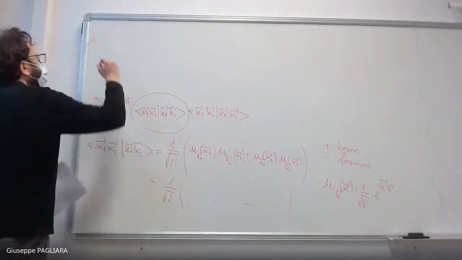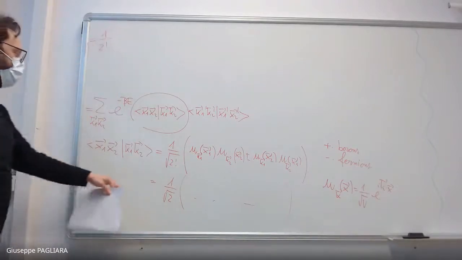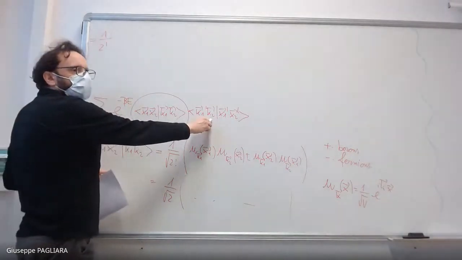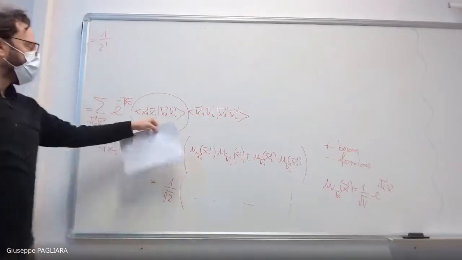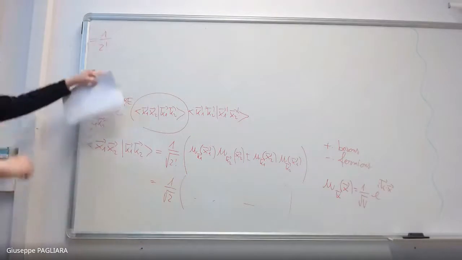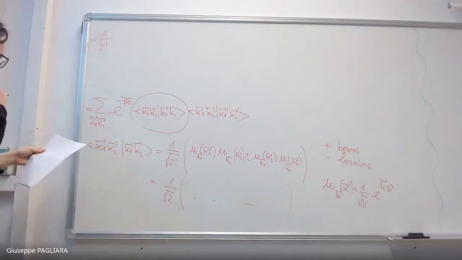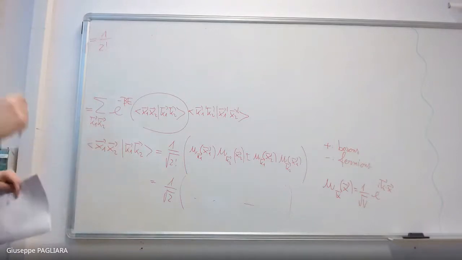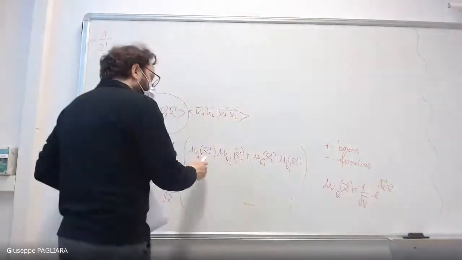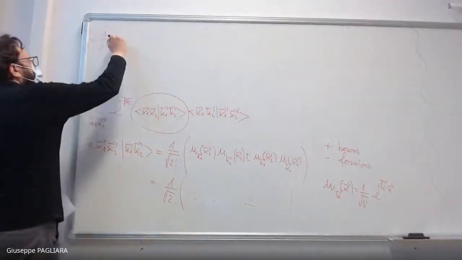This 1 over 2, let me indicate here as 2 factorial, comes from the fact that here you have 1 over square root of 2 and 1 over square root of 2, because I have this wave function and this wave function. Let me keep this factorial for a moment just to remember where it comes from. Then there is a volume squared, because I have this factor repeated 1, 2, 3, and 4 times.